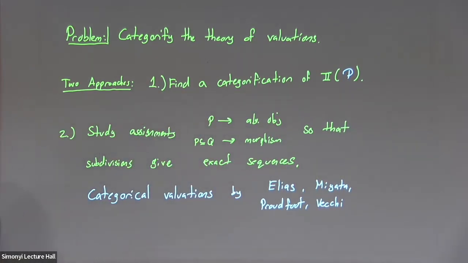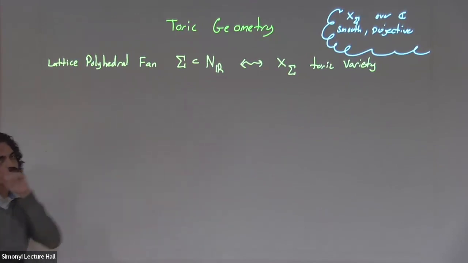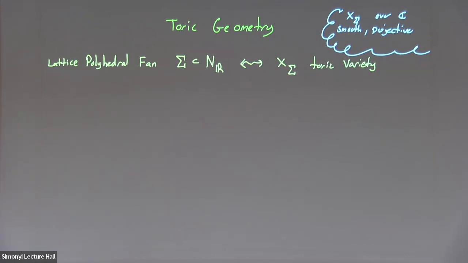So instead of doing it at the space of polytopes, I want to go a little bit into the world of geometry. So in the world of toric geometry, here I'm going to assume smooth and projective for everything we're seeing. We have an assignment between fans, which have a lattice point in every ray, and toric varieties.